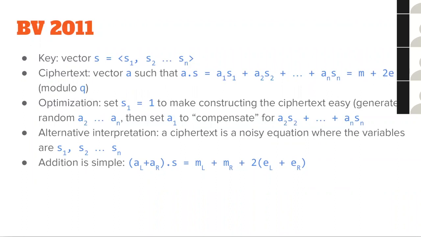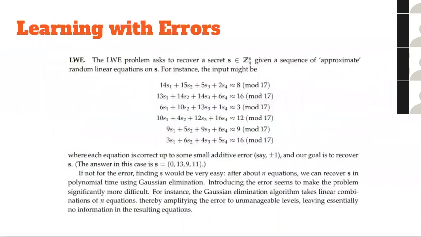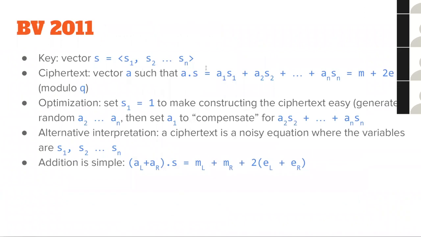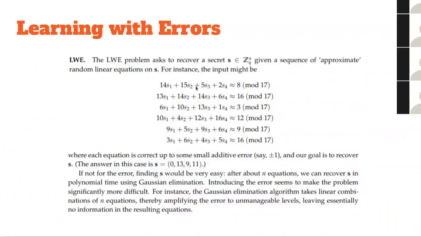The connection between this and the learning with errors problem is that you can think of each of these ciphertexts as being an equation in your secret key, right? Your secret key is like S1, S2, S3, S4.